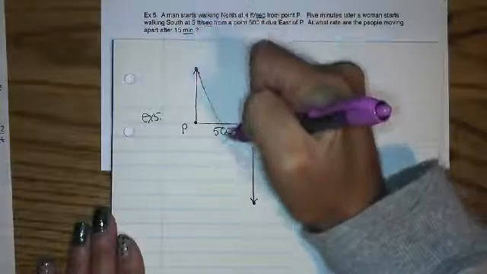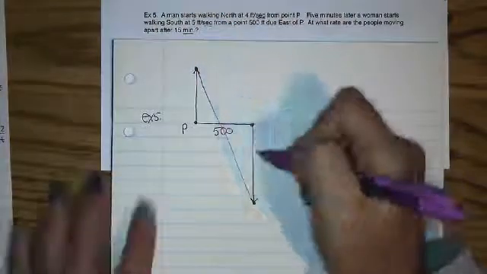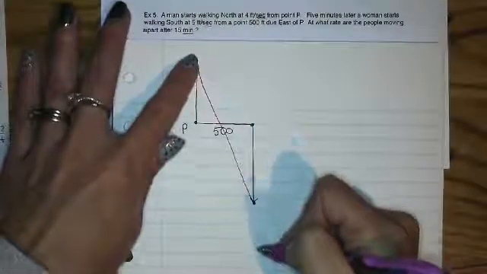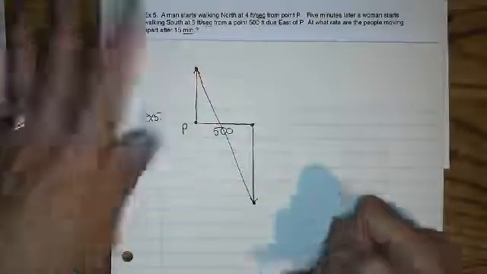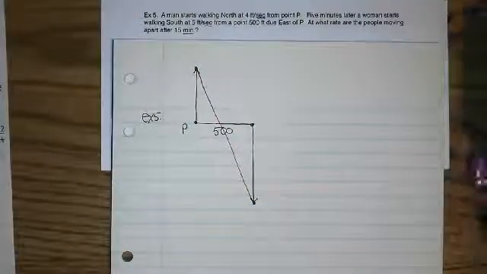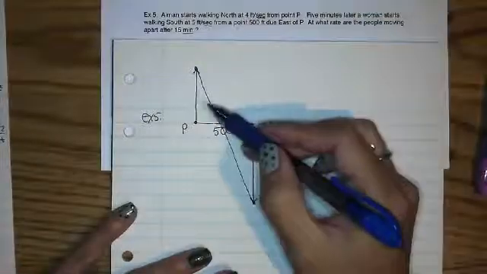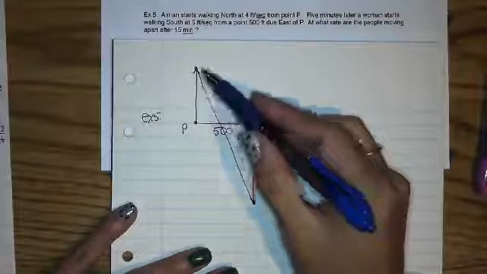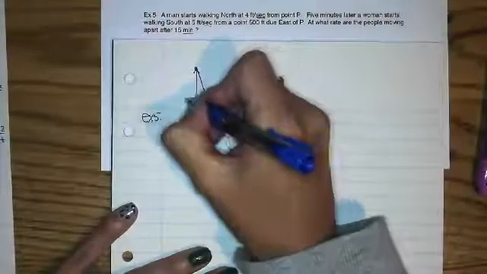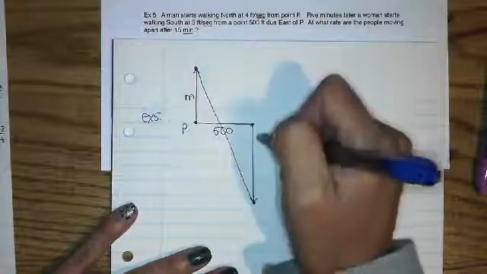And then the question becomes, how fast is the distance between them increasing? At what rate are they moving apart? So I am looking for how fast this line is growing. As both of these grow, so is that pink line going to grow?